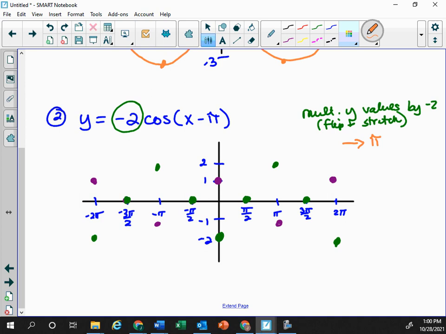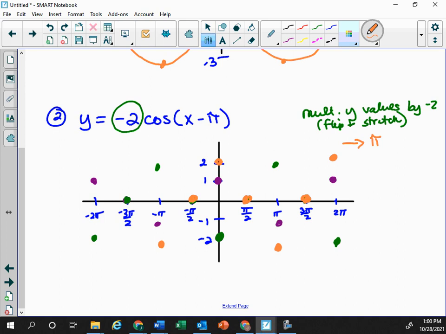So since I'm going to the right, I would start on the left side of the graph, and I just have to move them 2 tick marks to the right. Remember, this is the green dots that I'm moving, so I move all the way over. And then can you fill in the pattern on the left end of your graph?